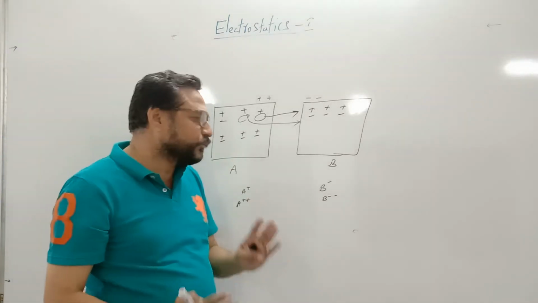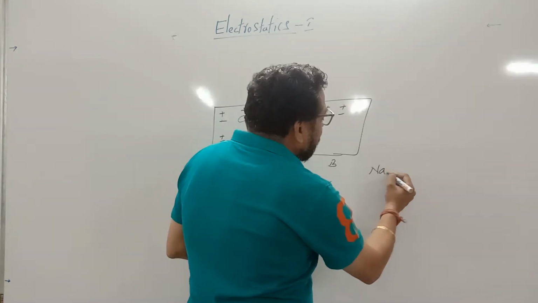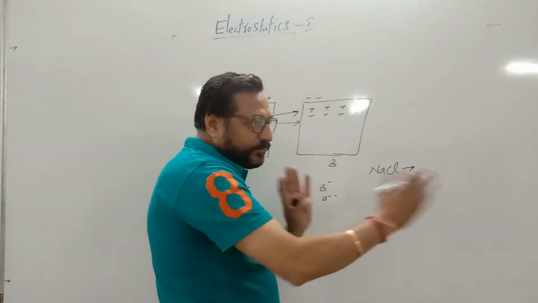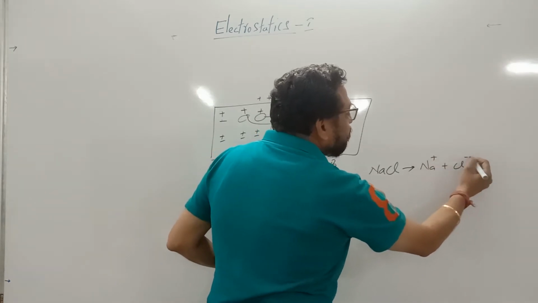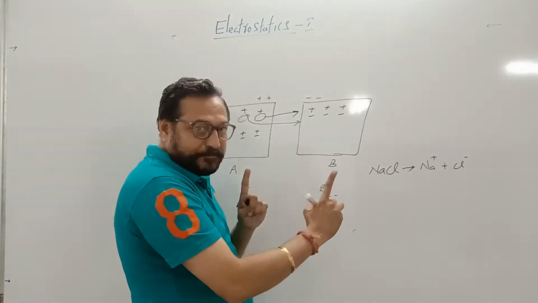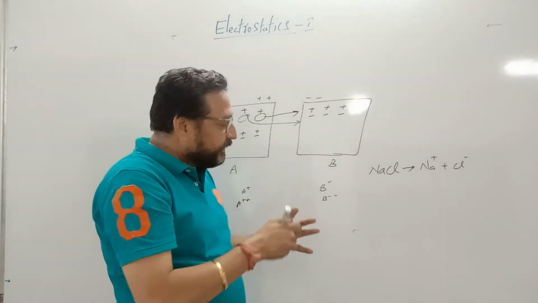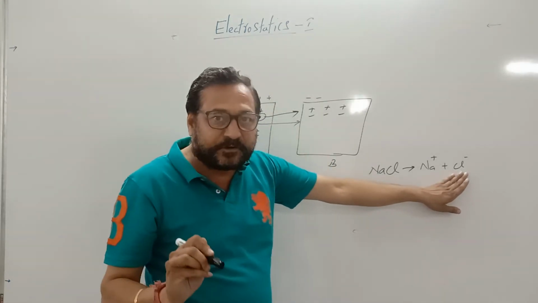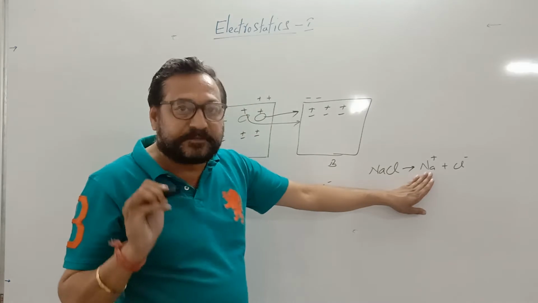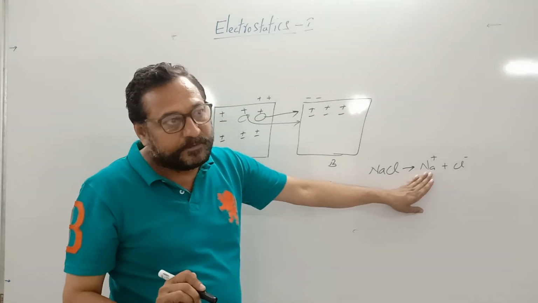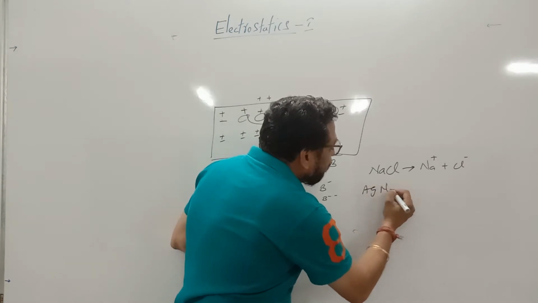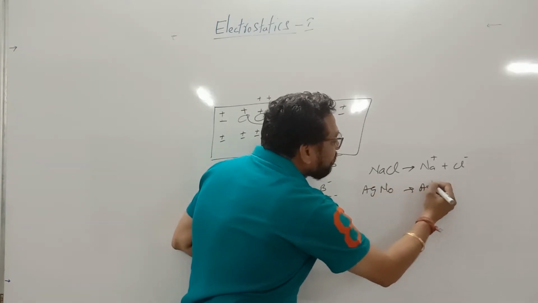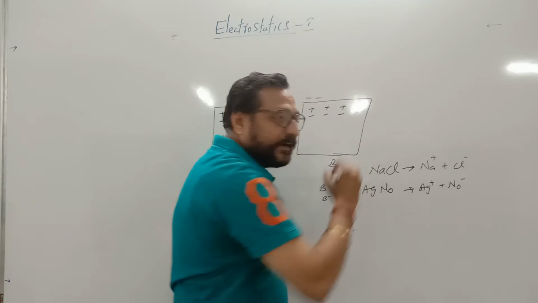The conclusion is, suppose NaCl. Its ionic form is Na plus and Cl minus, one positive, one negative. It means there is an excess of electrons on chlorine and a deficiency on sodium. Another example is AgNO3, Ag plus and NO3 minus.